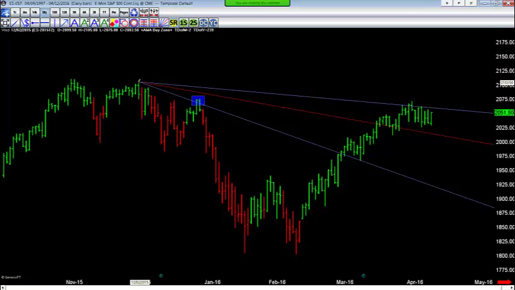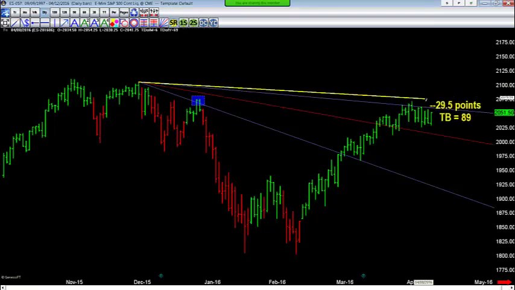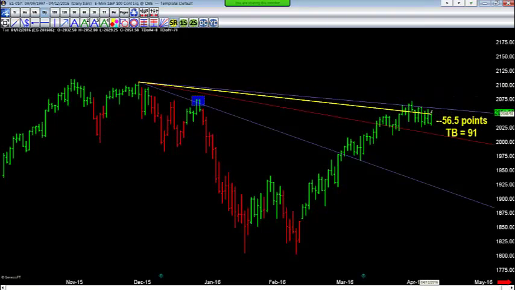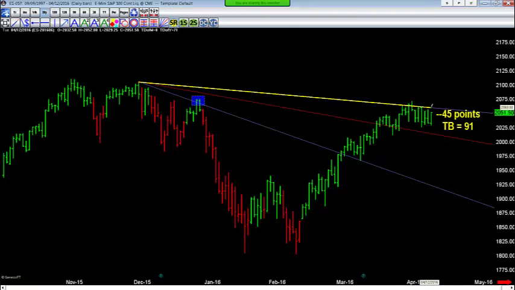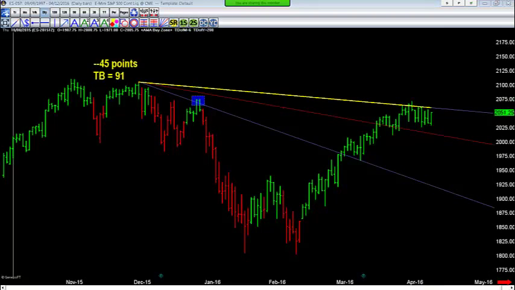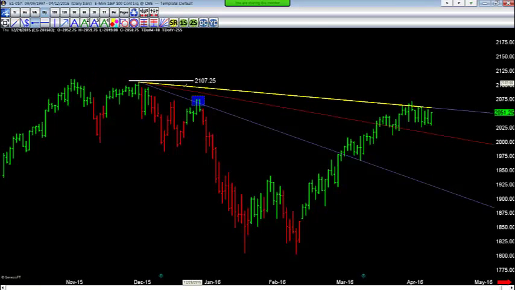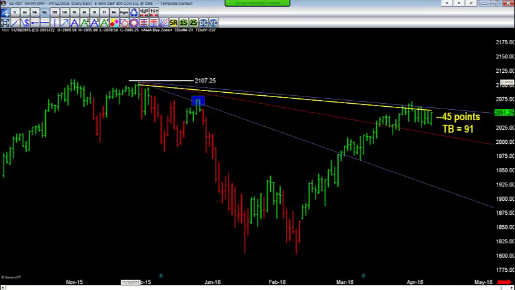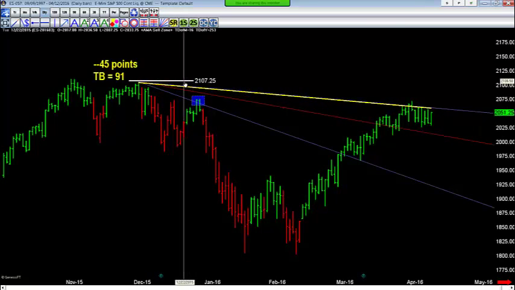I'm doing trading days. I'm going to draw this over here to the amount of bars I have. Okay? I've got 91. I want you to take 91 and divide it by 2 because that's 1 by 2. You're going to get 45.5 points. Now, this high price up here is actually 2105.